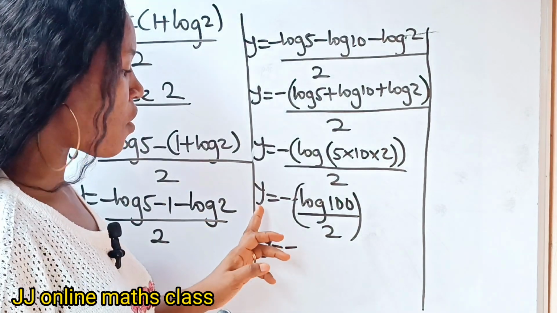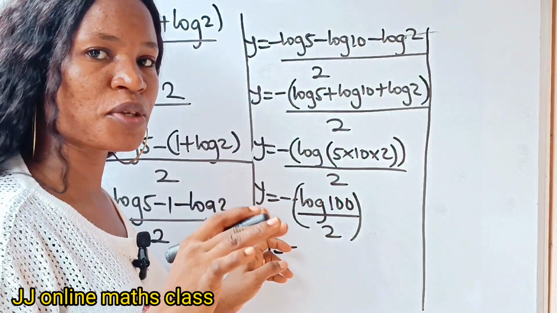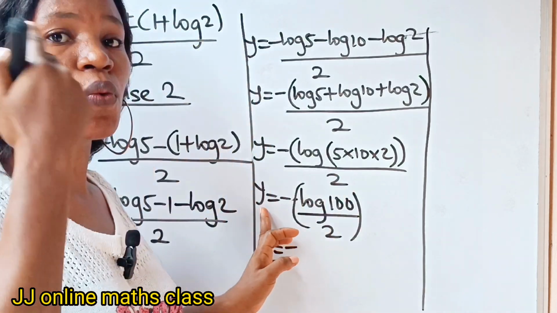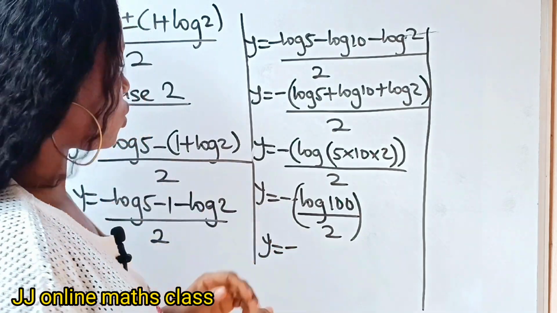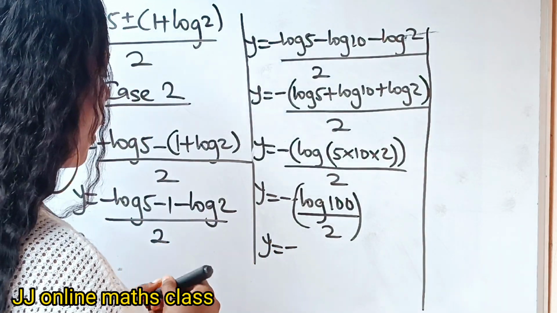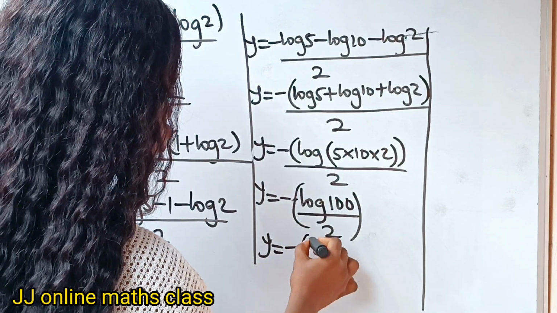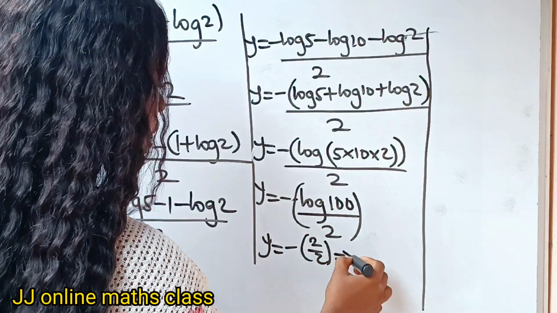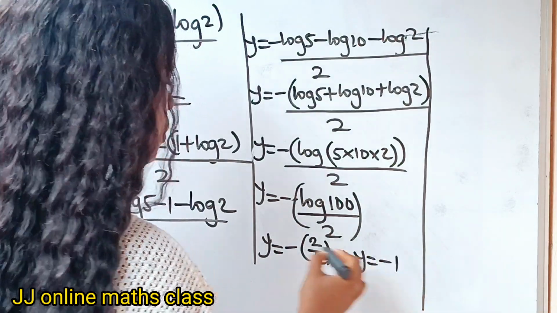Remember that we are looking for x, so this y is not the final solution. We are still going to equate it to m and then to x to get our solution. Now we have minus 2 over 2, and when you divide this, you have that y is equal to minus 1.